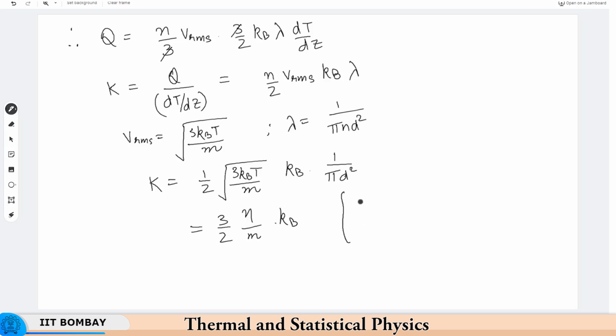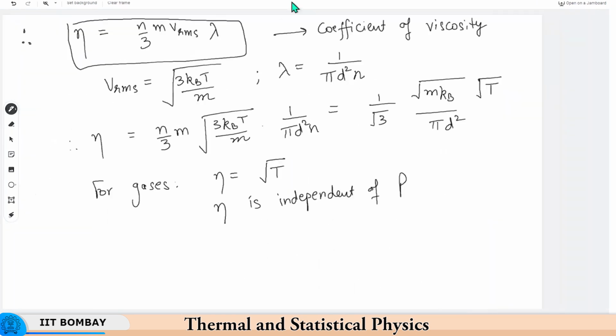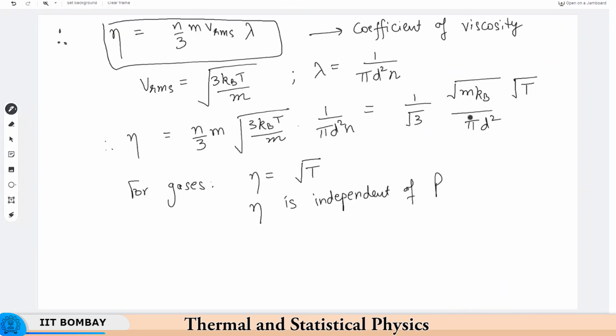So, what I have done is substitute eta equals the expression that we had, which is 1 by square root of 3 times square root of m kB T divided by pi d squared, right. This is what we obtained here.